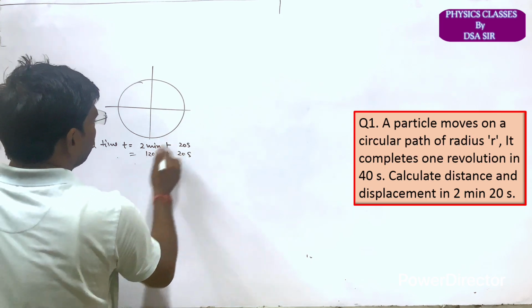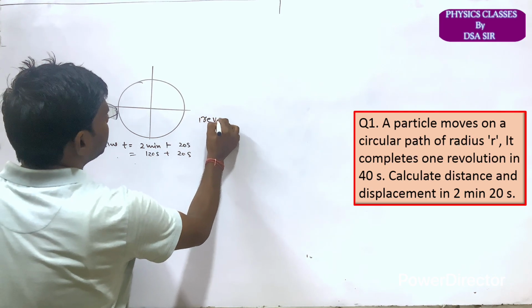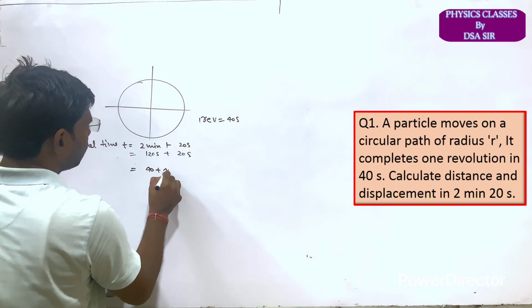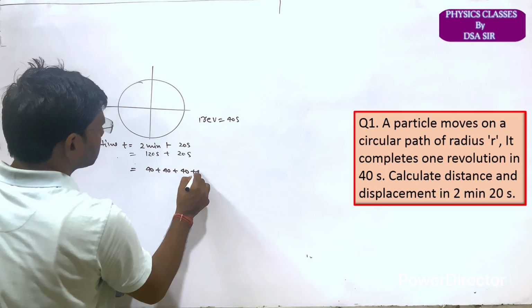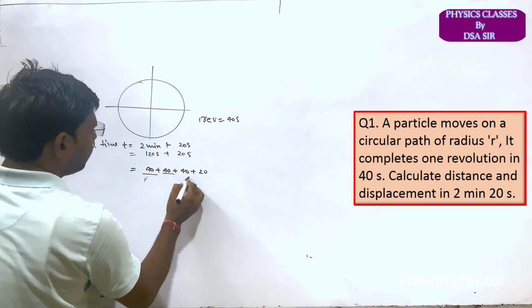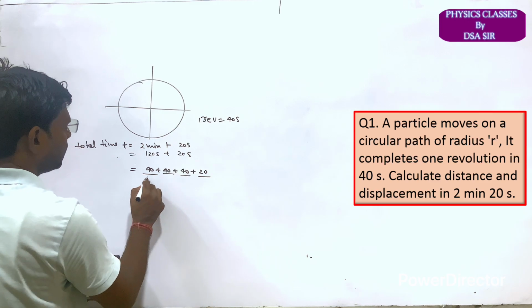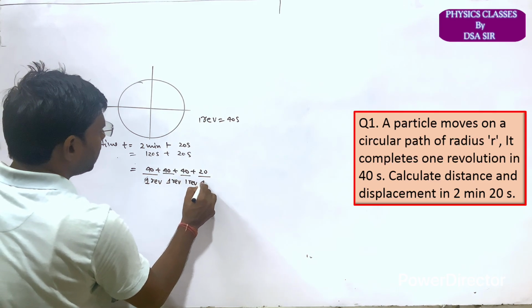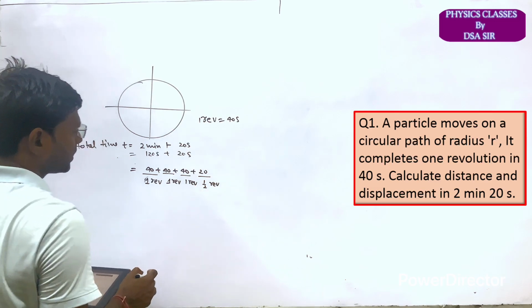Listen, one thing. One revolution is completed in 40 seconds. What does it mean? This is 40 plus 40 plus 40 plus 20. It means one revolution, one revolution, one revolution and a half revolution it is completing.